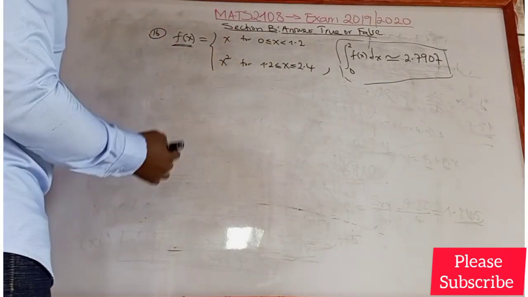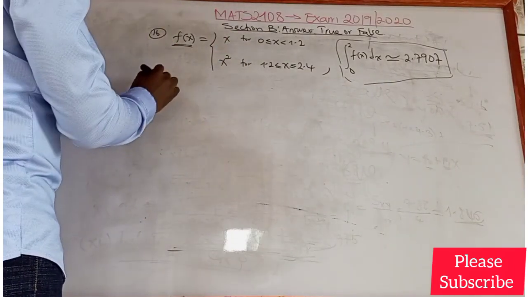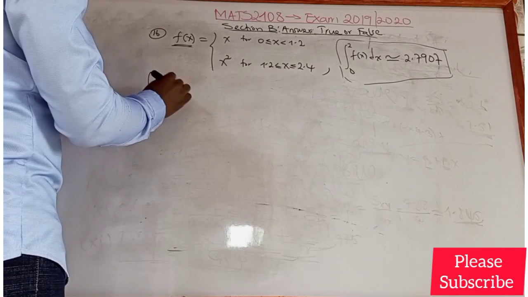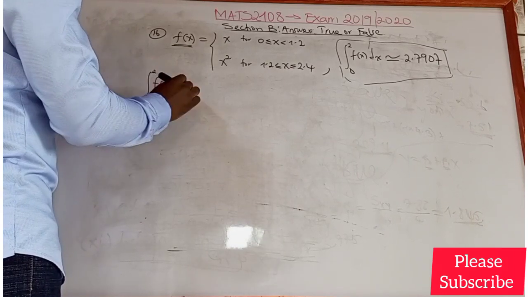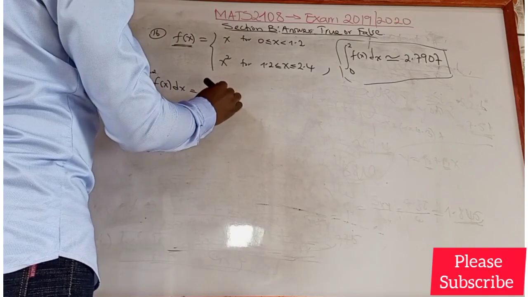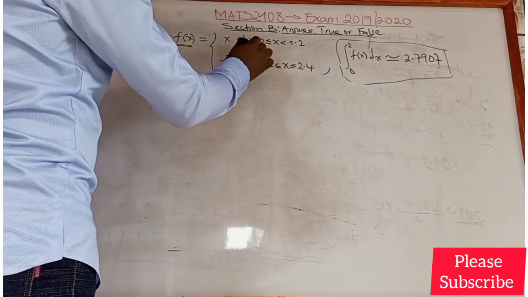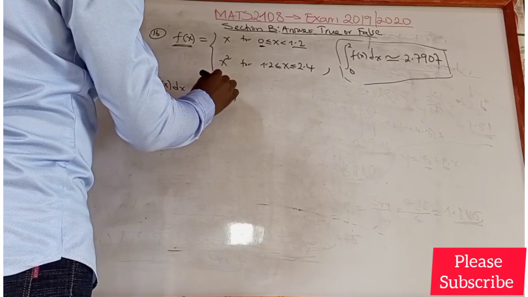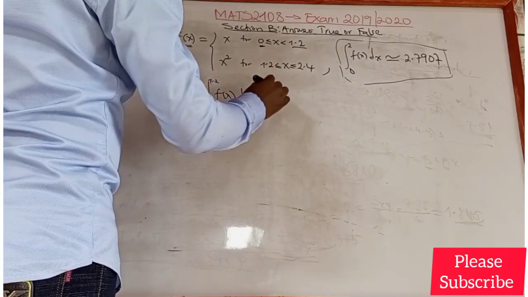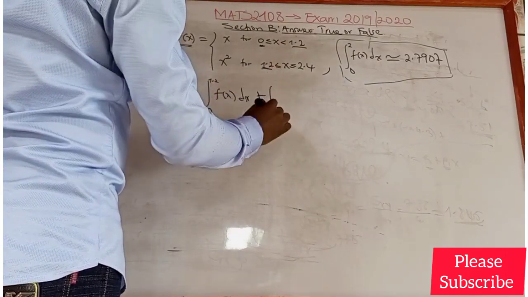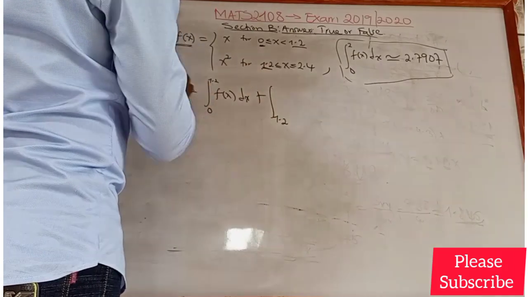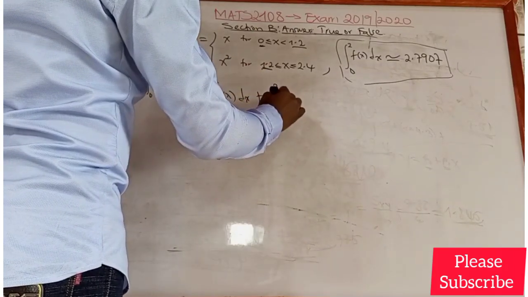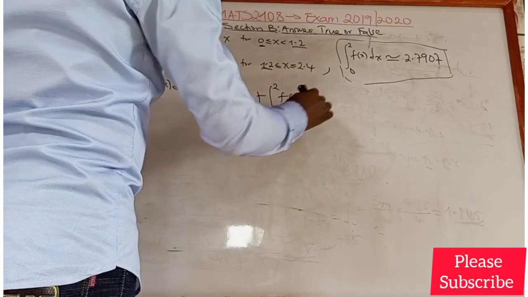Now, integrating this function, we see that the integral of f of x dx from 0 to 2 is actually the integral of f of x from 0 to 1.2 dx plus from 1.2 to 2 of f of x dx.